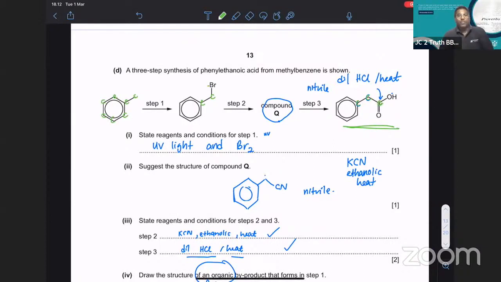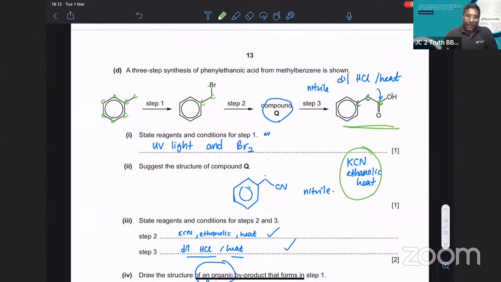There is 1 extra carbon. The moment there is 1 extra carbon, you need to get that extra carbon by reacting with KCN. You must react with KCN in ethanol, and then it must be heated.